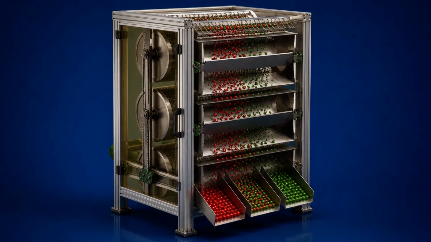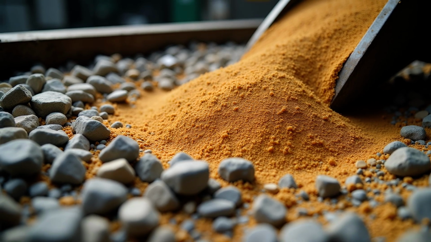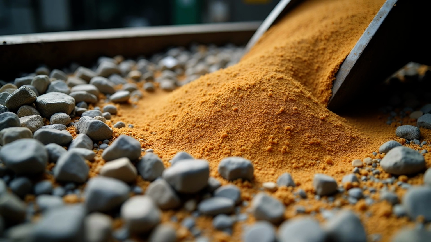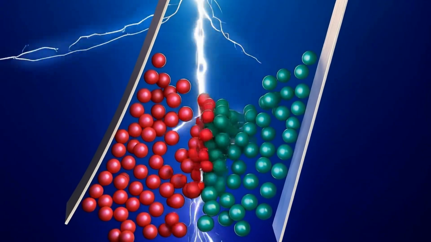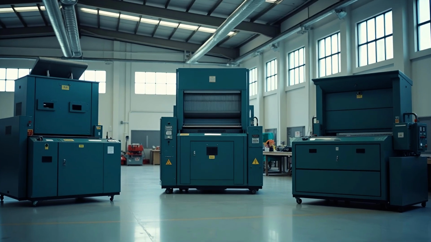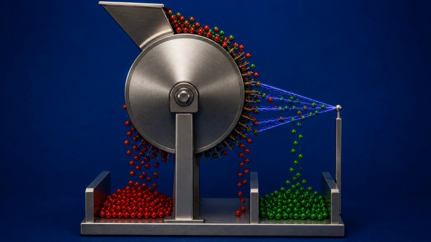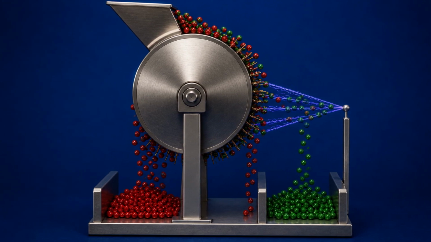This hybrid approach improves recovery efficiency, allows for better handling of mixed particle sizes, and reduces the performance limitations seen in standalone dry systems. Electrostatic separation itself is based on differences in electrical conductivity and particle charge. There are three primary types. The drum type uses a rotating surface, where conductive and non-conductive particles behave differently under an electric field.